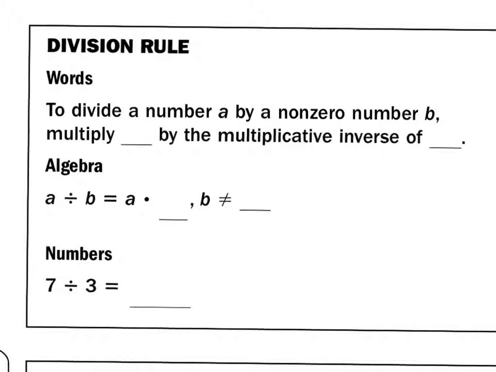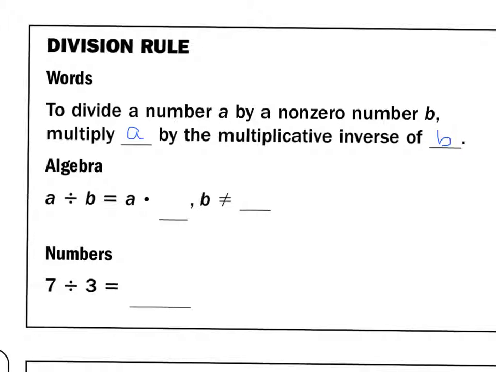Since this section focuses on division, we're going to be learning the division rule. We're going to be taking division problems and turning them into multiplication problems. So to divide a number a by a non-zero number b, you're going to multiply a, that first number, by the multiplicative inverse of b.